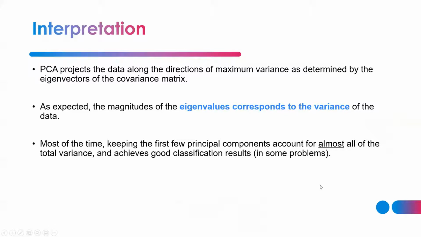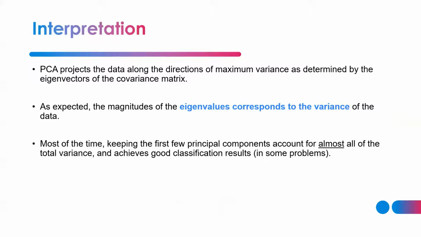The interpretation over here is that PCA projects the data along the direction of the maximum variance, as determined by the eigenvectors of the covariance matrix. As expected, the magnitudes of the eigenvalues correspond to the variance.